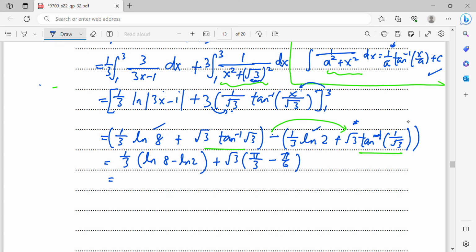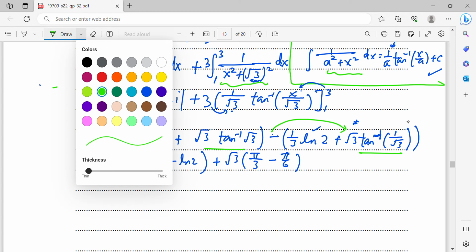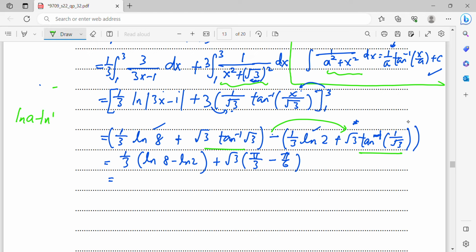So now, use the formula. Ln a minus ln b is ln a over b. To simplify the first bracket, I will get 1 over 3 ln 8 over 2. Then plus square root 3. Pi over 3 minus pi over 6, it will be 1 over 6 pi, or pi over 6.